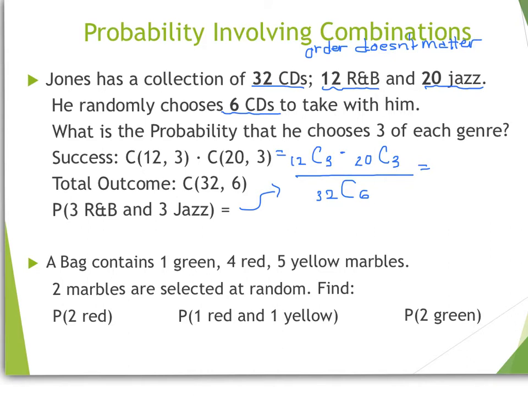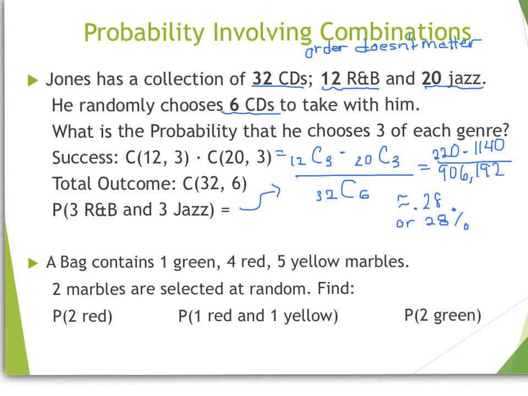When you work that out, 12 choose 3 is 220, times 20 choose 3 is 1140, divided by 32 choose 6, which is 906,192. When we make a lovely decimal out of that, we get approximately 0.28, or you could turn that into a percent. That would represent 28%.